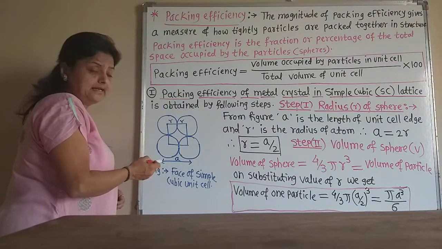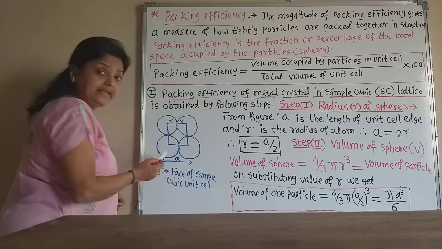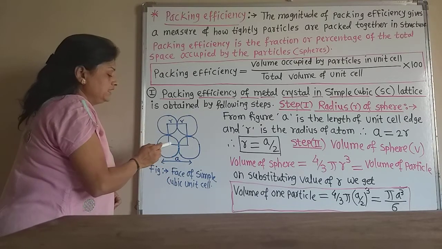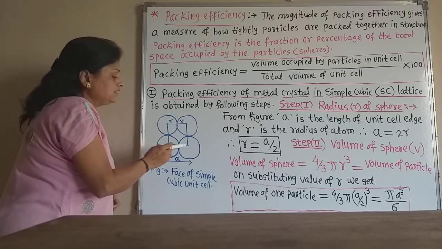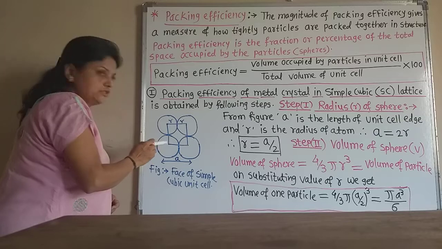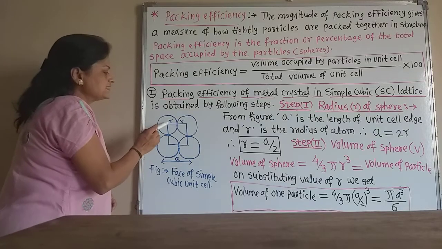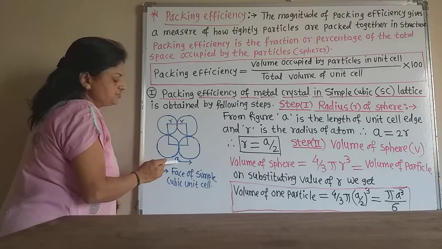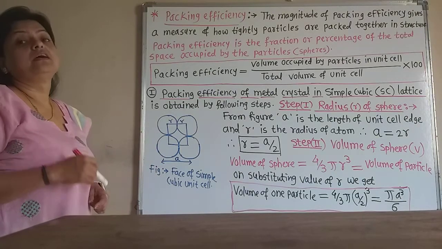Let the edge length be small a, and this small a is obtained by joining the radii of the adjacent spheres. So this is the radius of the sphere, and 2r is equal to a, that is the edge length of the unit cell.